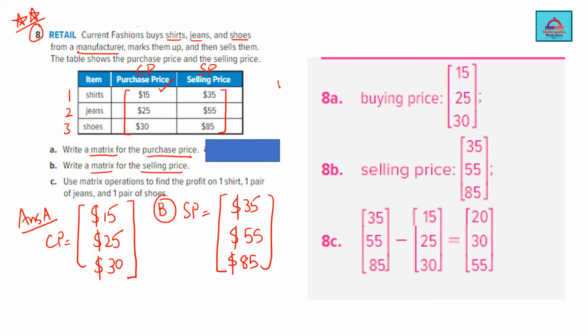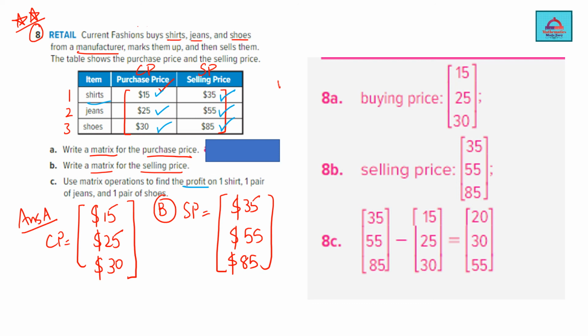So if you just observe, let's do a few observations before we move on to our answer. If you see, the shirt was purchased at $15 and sold at 35. Jeans was purchased at 25 and sold at 55. And shoes was purchased at $30 and sold at 85. So it is sold at a higher price. So there is some profit which is being made.